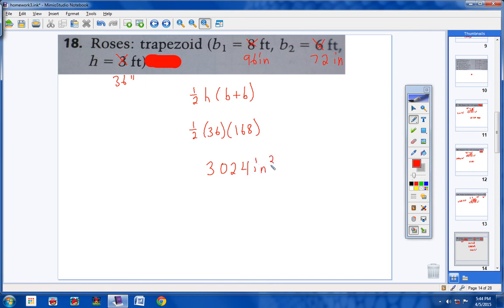Now, roses, of course. One rose equals 7 square inches. So how many 7 square inches go into 3,024? 432 exactly. So the answer is 432.